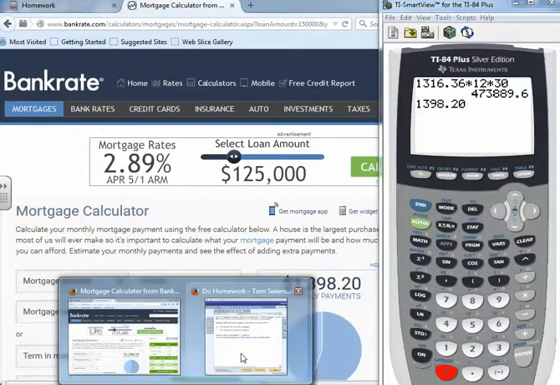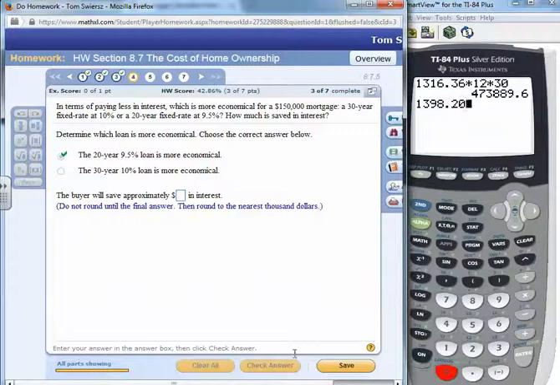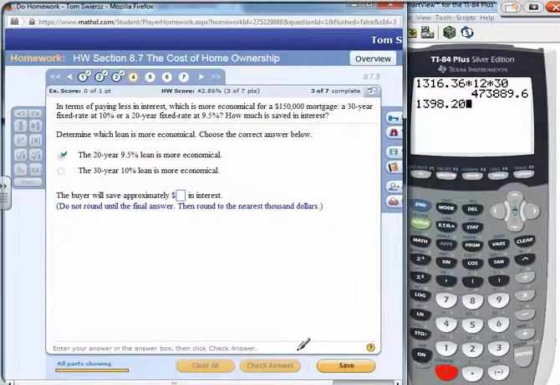Now, what's the total amount we're going to pay for the 20-year option? Well, it's $1,398.20 times 12 months a year times what? 20 years, right?